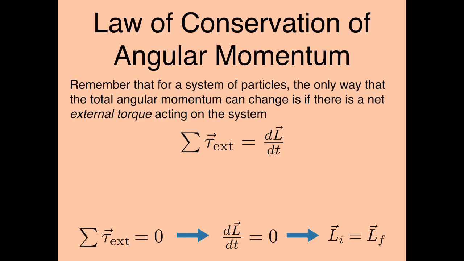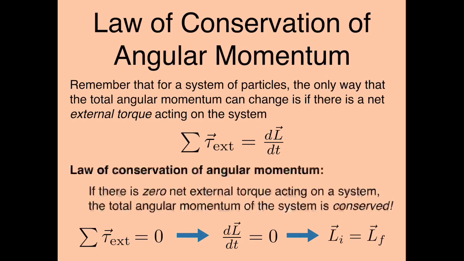One way you could say that is L initial equals L final. It doesn't matter when you look at the system, it's going to have the same angular momentum in the initial state and in the final state.